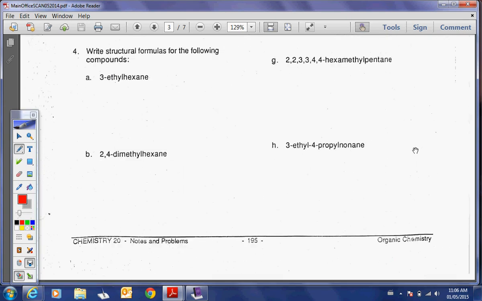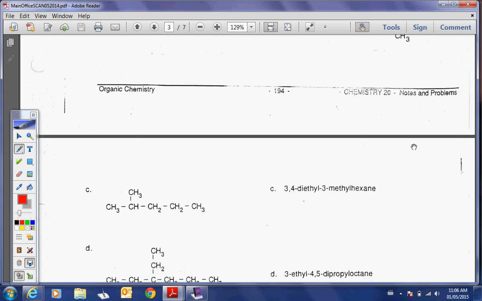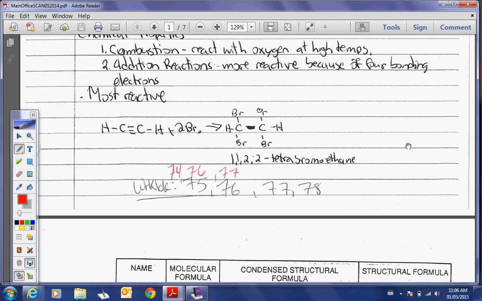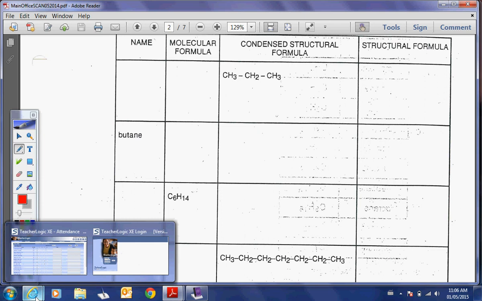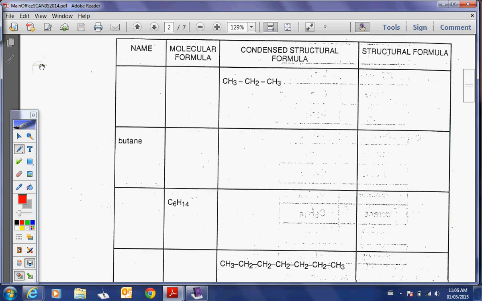Really? Did I give you the wrong sheet? This is just not happy for me today. We should work on our alkenes, we should work on our alkanes, but do you know what else we have to work on? Our reactions that we did yesterday. So, the first thing I'd like you to do is finish your reactions from yesterday.